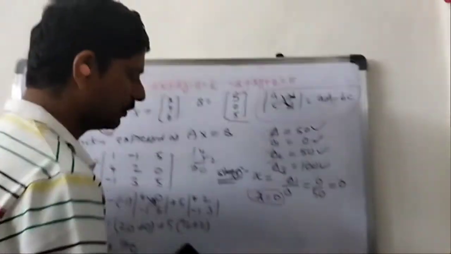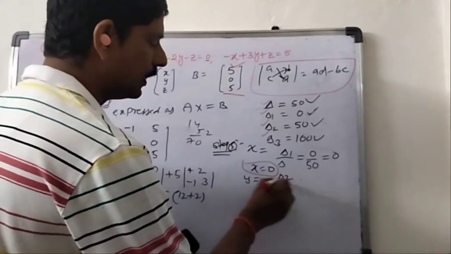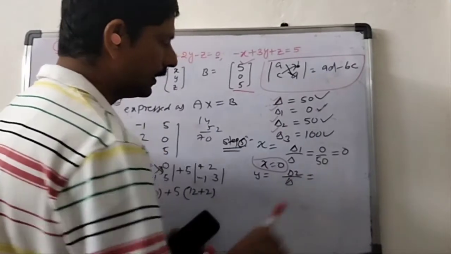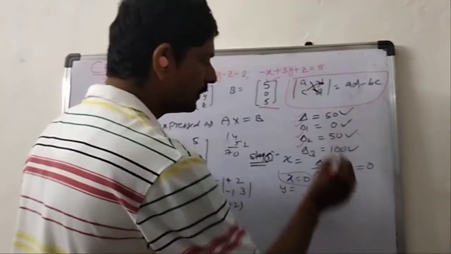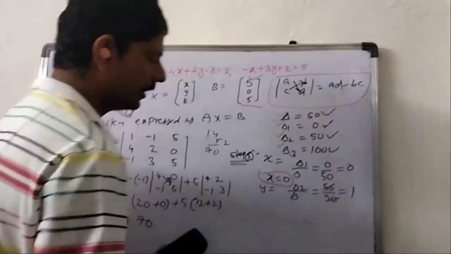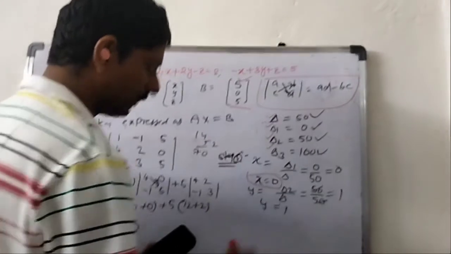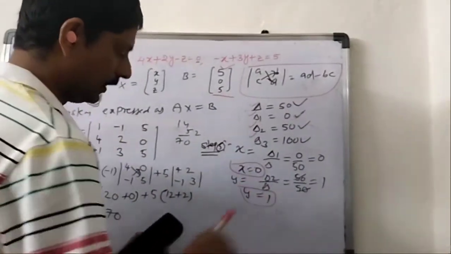Now y equals delta 2 by delta. Delta 2 is 50 and delta is 50, so 50 and 50 cancel, and y equals 1.